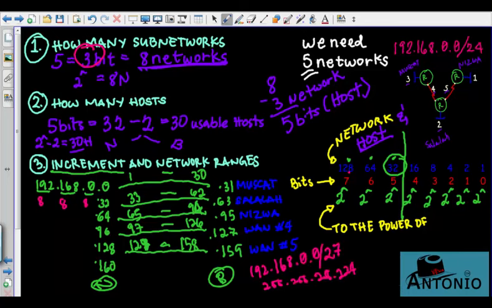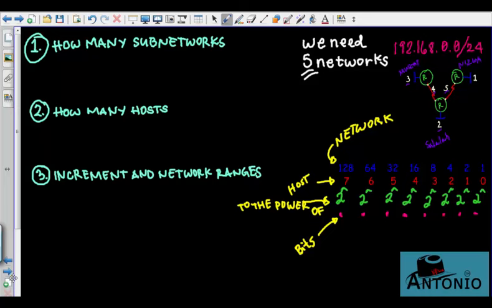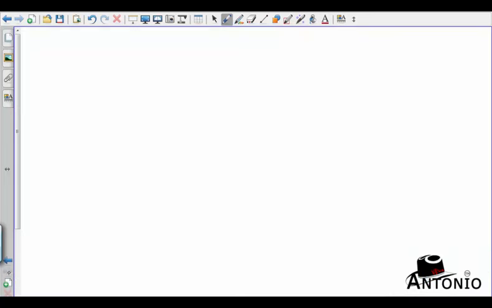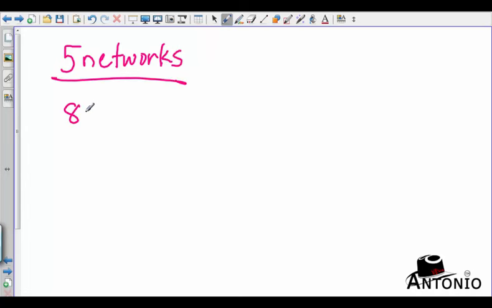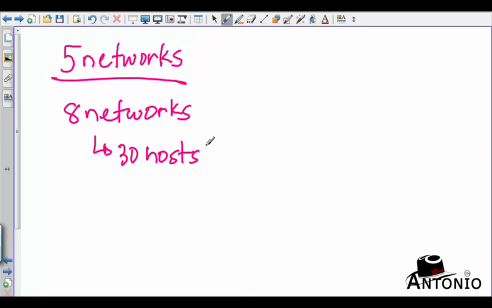Let me open a new window so you will not be confused. Okay, that's it. So we needed 5 networks. Done. We get 8 networks, all right, of class C with 30 hosts per subnet or per network.